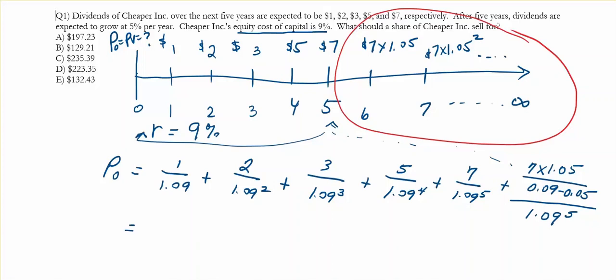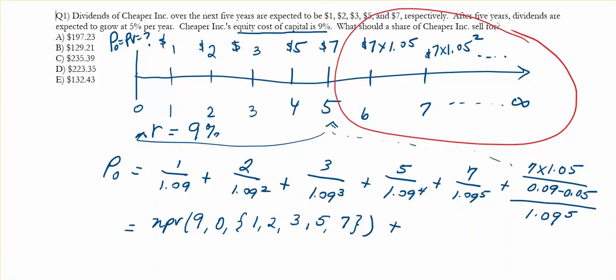Now, if you are using the graphing calculator, a convenient way to do the first 5 cash flows is to use the NPV function and then list the cash flows in periods 1, 2, 3, 4, and 5. And then do the last part, the terminal value, by itself. And I'll just calculate that right now.